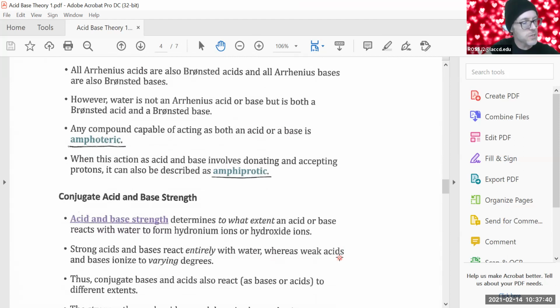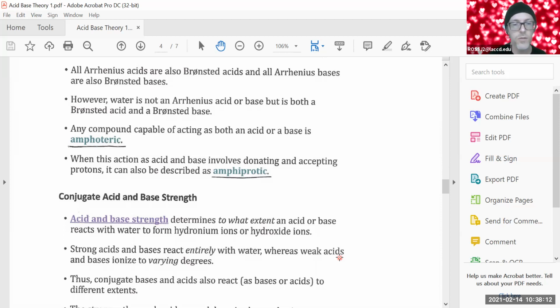Okay, what about the strength of acids and bases? We saw earlier in the Arrhenius definitions that we could have partial dissociation for a weak acid or base, complete dissociation for a strong acid or base. And we can have K values: an equilibrium constant value less than 1 tells us we have a weak system, a weak electrolyte, and a K value greater than 1 tells us we have a strong electrolyte.